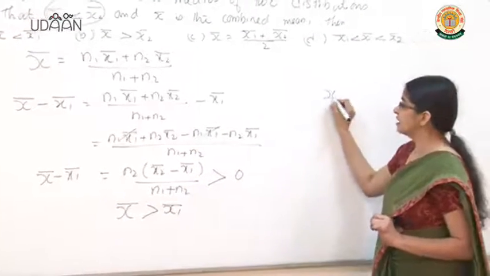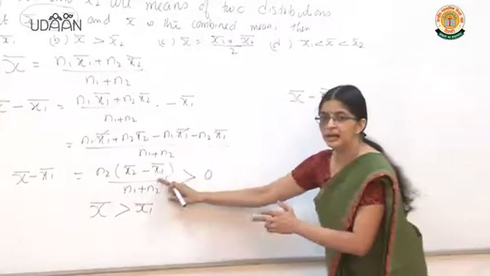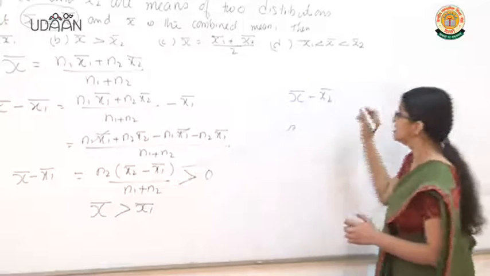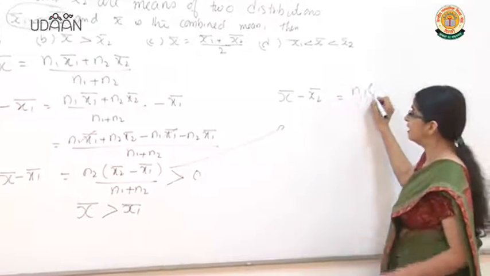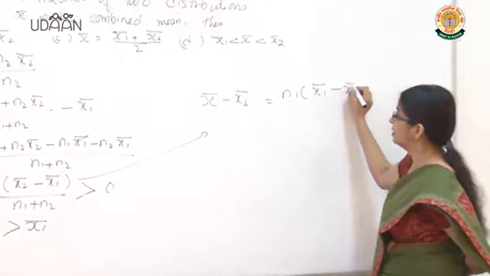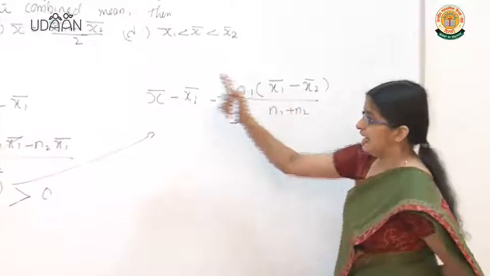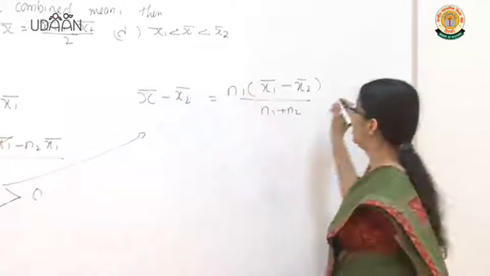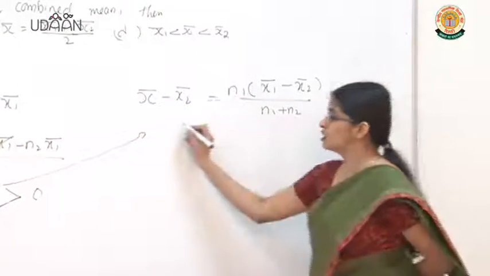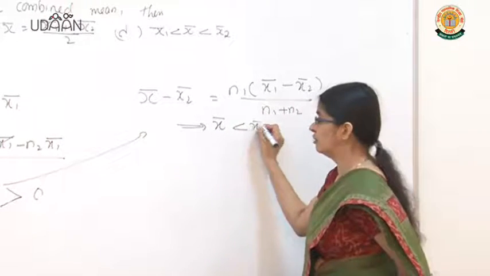Similarly, you find x bar minus x2 bar: just put the values and simplify. We get a similar result. We get it as n1 into x1 bar minus x2 bar divided by n1 plus n2. This is less than 0, which implies x bar is less than x2 bar.